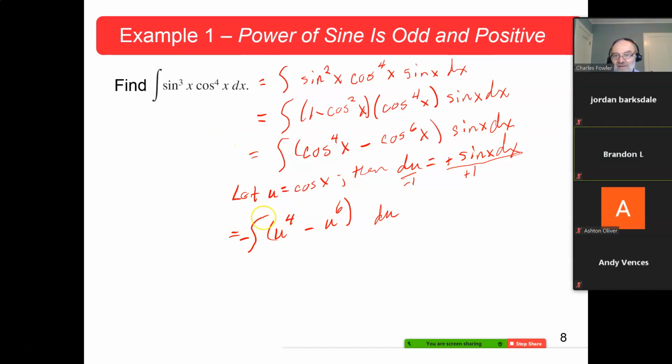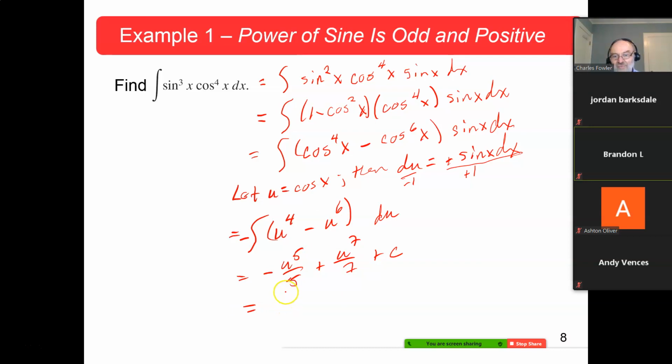Now, indefinite integral, all you do is just a good old power rule: minus u to the fifth over 5, minus a minus, which is plus u to the seventh over 7, plus c. That's it. I mean, you're done, almost, except you go back and plug in what u is. u is cosine.